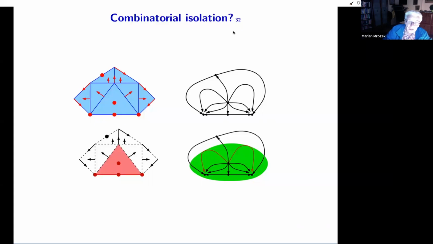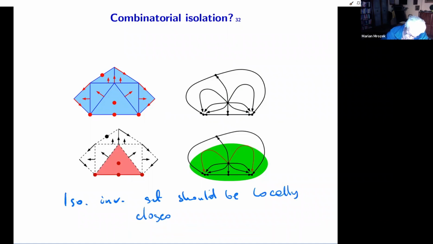And the first hint was that an isolated invariant set should be locally closed. This one is not, because look, we want this triangle in the invariant set.